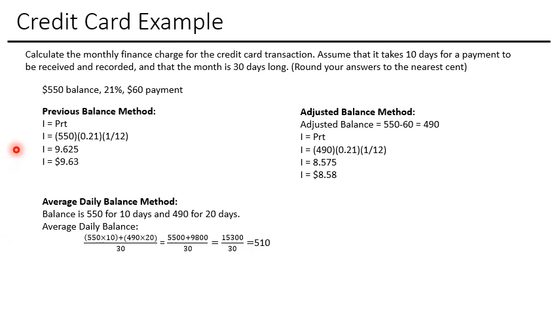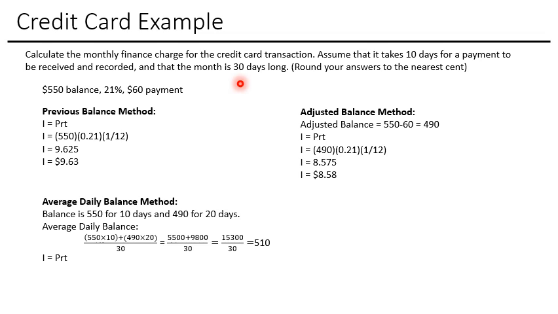Okay, now we're going to go back to this formula, but there is going to be one slight change. Now, the change comes in the T. The T is now because we are talking about a daily balance. And so now that we're talking about a daily balance, we can't assume that it's a month because some months are 30 days long and some months are 31 days long.